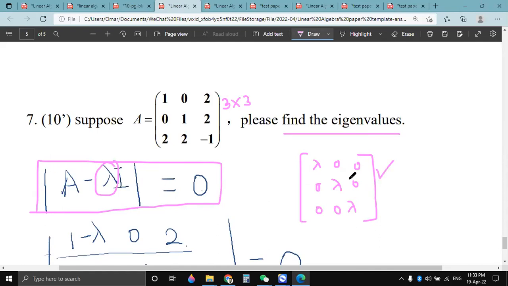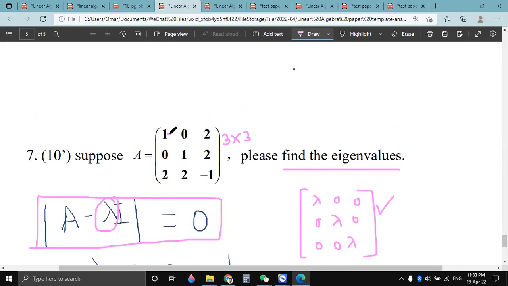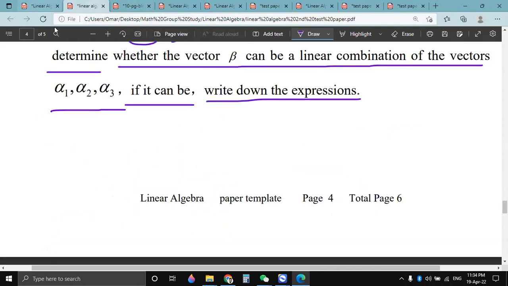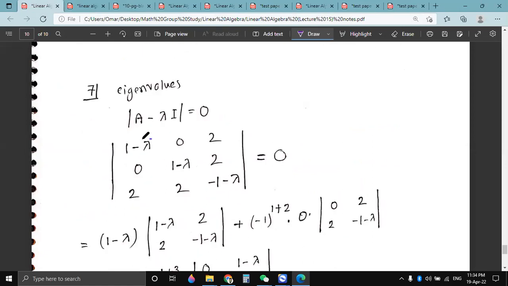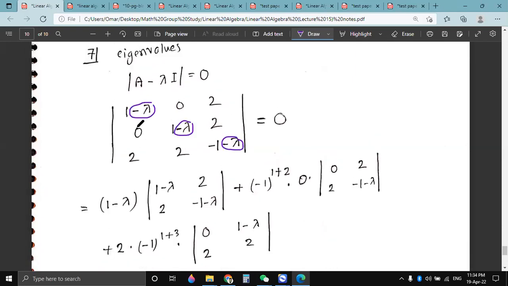So A minus lambda I will be this way: on minus lambda, and here on minus lambda, and then on minus lambda. Okay, guys, you just subtract lambda from the main diagonal. Then you will find the equation. You see in my notes, I have written minus lambda here and also here. Then you expand this.